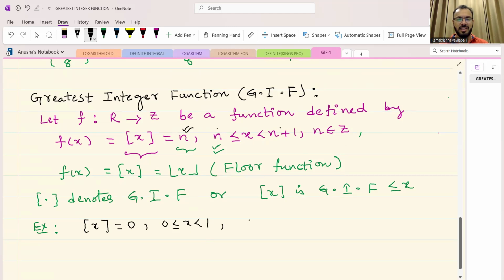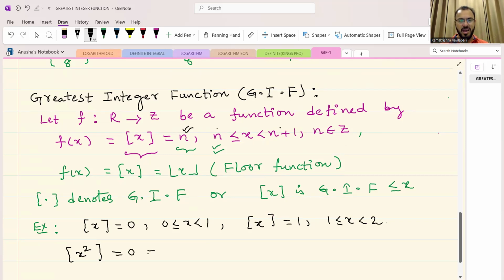Like that, for example, integral part of x equal to 1 is given. Then we write 1 less than or equal to x less than 2. Simple. For example, integral part of x square equal to 0 is given. Right?